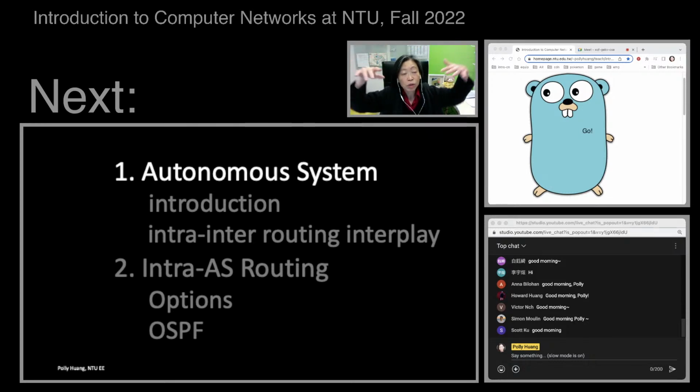So each domain, you can think of it as one node, right? And there are many domains, therefore many nodes. And these domains will connect to each other, just like routers at the lower level interconnect with each other. So at the higher level, you also have a graph, and so you could run another routing algorithm on it. Okay, so two levels of hierarchy. And this video here is to introduce formally what an AS is.